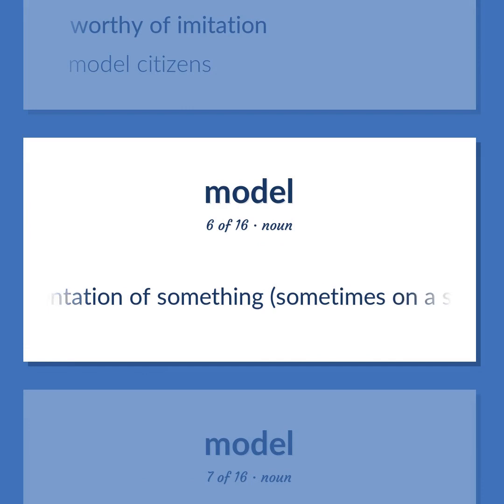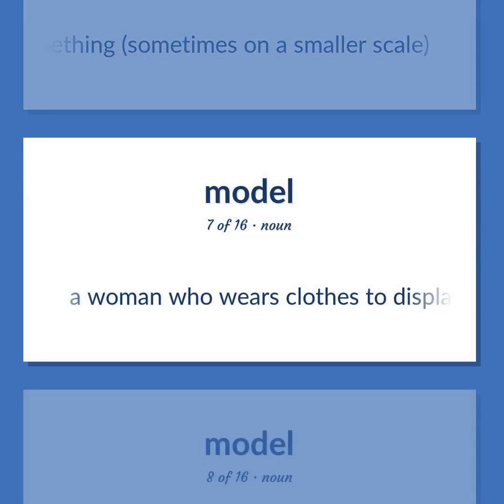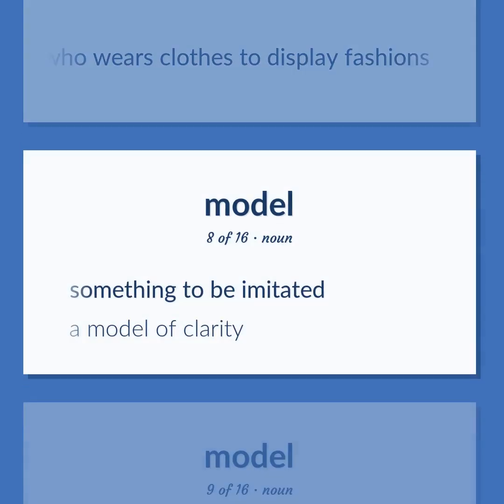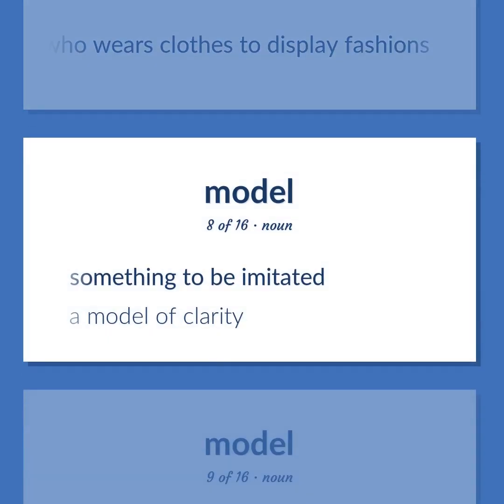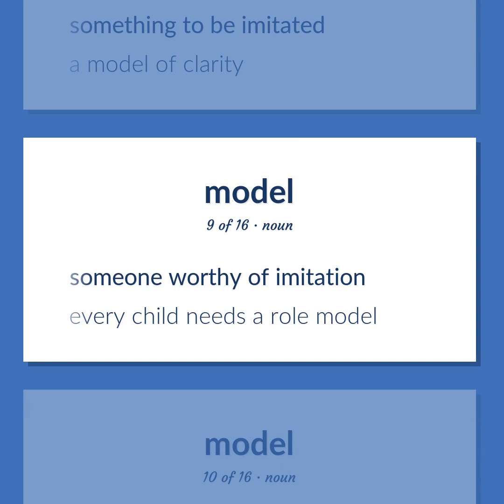Representation of something, sometimes on a smaller scale. A woman who wears clothes to display fashions. Something to be imitated. A model of clarity. Someone worthy of imitation. Every child needs a role model.